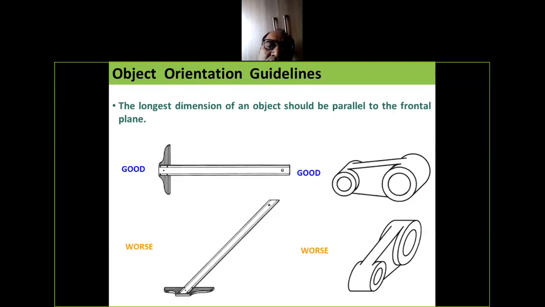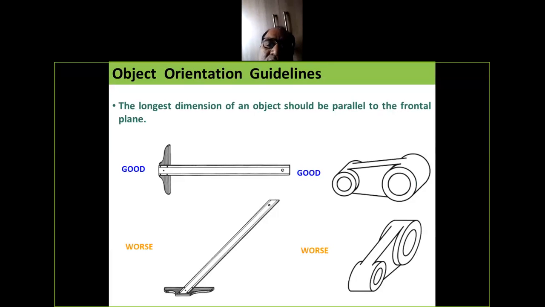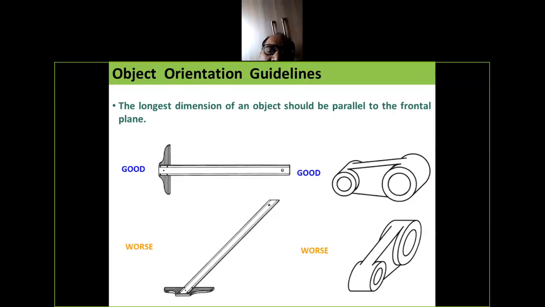In the condition shown in the figure below, this is a bad position for the object, because we have not kept the longest side as the frontal face. So this is the second condition for the object orientation guidelines.